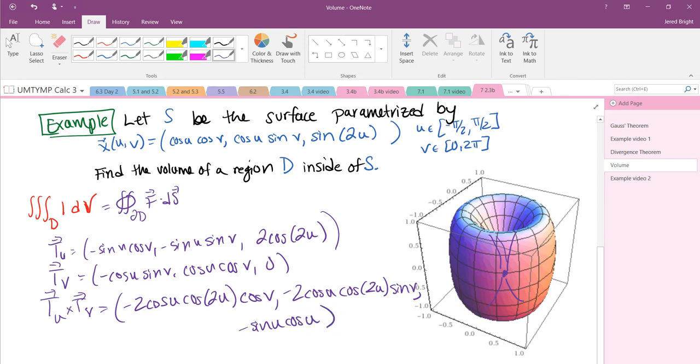Now the only thing we have to be careful of is that we wanted outward pointing normal vectors, and I believe this would actually point inwards. So we would just need to acknowledge that this is in the wrong direction and use the opposite.